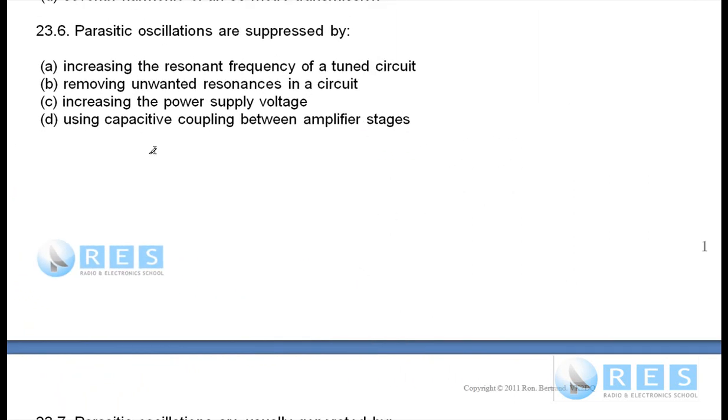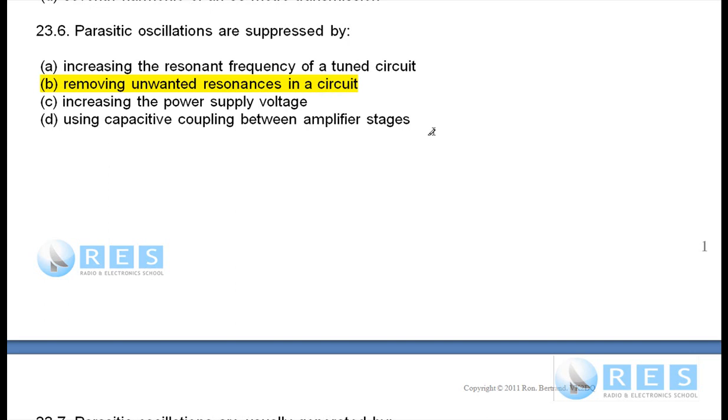Question 23.6. Parasitic oscillations are suppressed by, well, they're caused by unwanted resonant circuits in a transmitter, so removing those unwanted resonant circuits would cure the parasitic oscillation. A radio amateur uses a dip oscillator with the transmitter turned off.